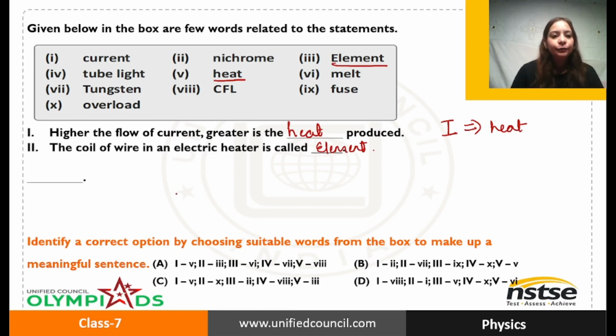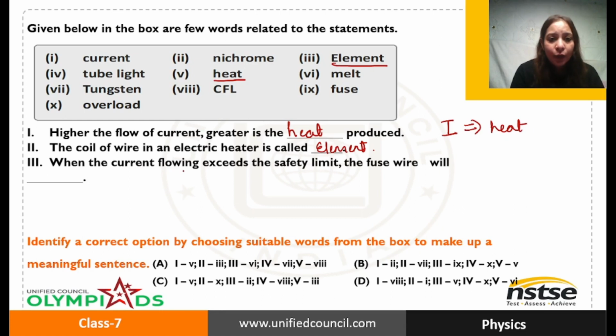Another: when the current flowing exceeds the safety limit, the fuse wire will dash. I hope you all know about a fuse. A fuse is a safety device which protects us from the fire that may be caused when the current exceeds the safety limit. A fuse has a wire in it called the fuse wire, and the property of this fuse wire is that it has a very low melting point.